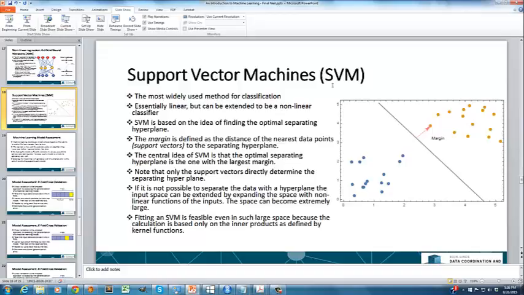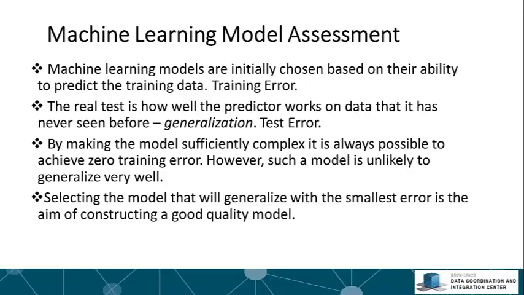Support vector machines are very popular, widely used because they are often highly accurate, and they are computationally very efficient, because we can calculate the optimal separating support vector machine hyperplane based only on inner products as defined by a kernel.